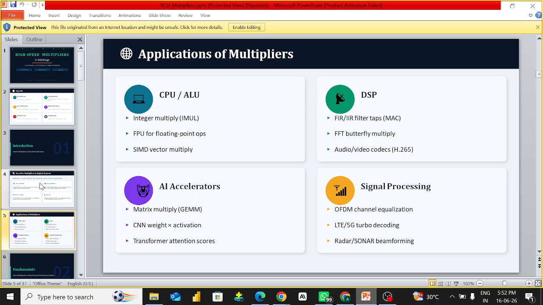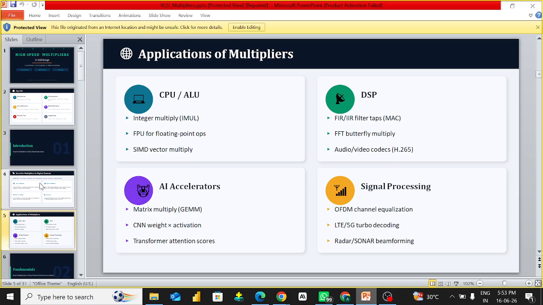Whenever we perform A into B, the processor activates the multiplier hardware. As I said, in an AI processor there will be a chip, and inside it a larger silicon area is provided to multiplication. So whenever your system performs A into B, the processor tells the chip to activate the multiplier hardware.